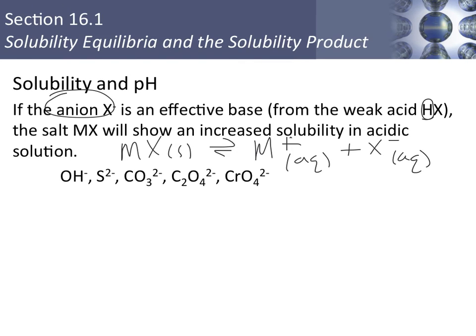So here's our salt MX, and you can see it dissociated. Hydrogen ions in an acidic solution will react with the anion and actually pull it out of solution. As a result, the reaction will shift right and increase the solubility.